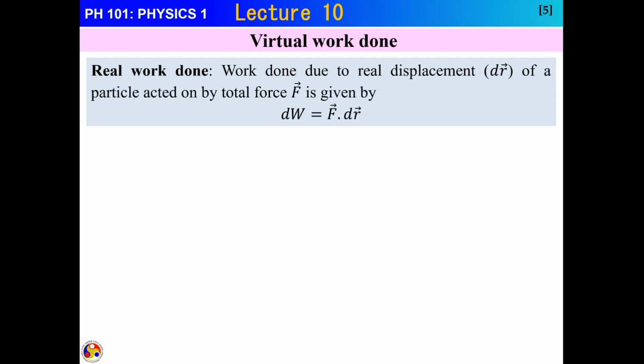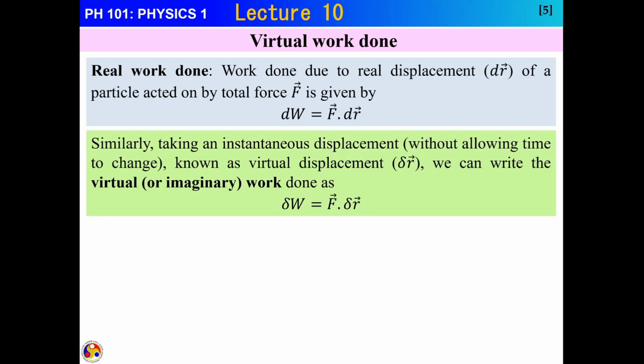You are very clear with the concept. So dW is F dot dr, which is easily understood. Now if I apply the same concept to the virtual displacement, I end up with a definition for virtual work done. If still not clear, keep waiting. We will clear it very easily later.